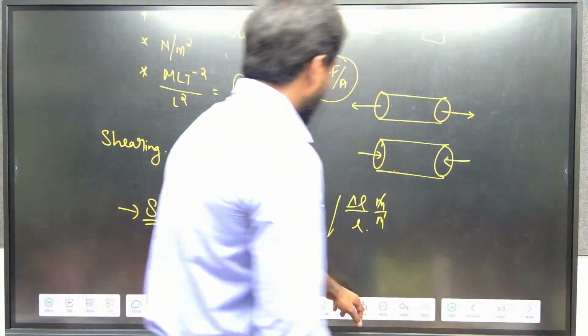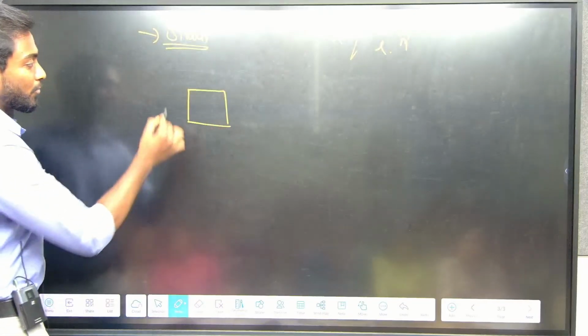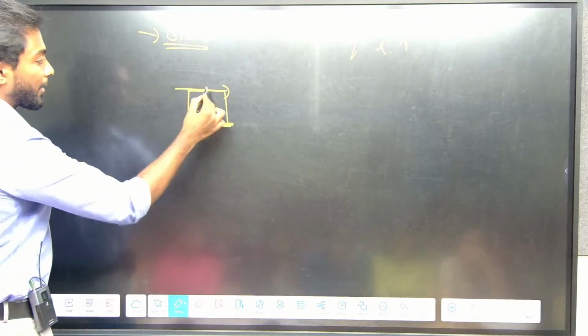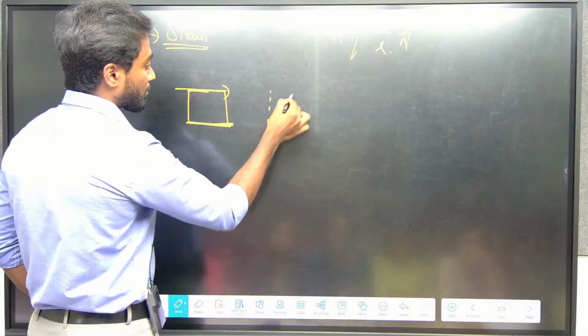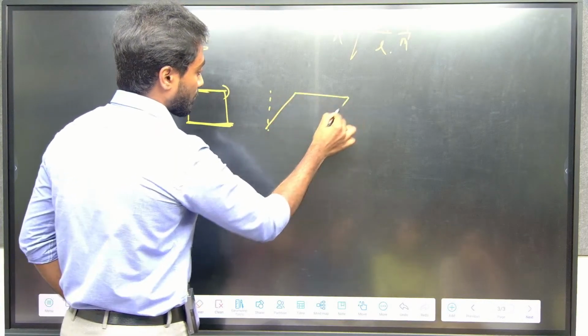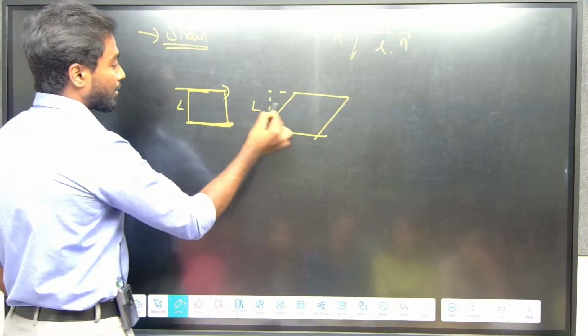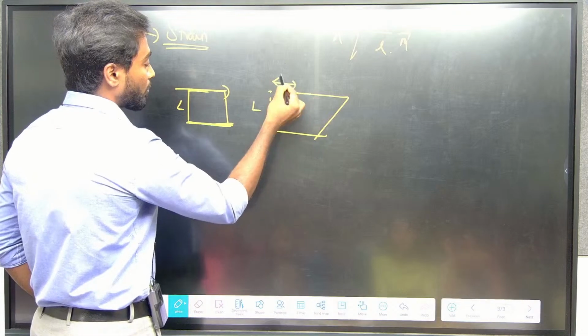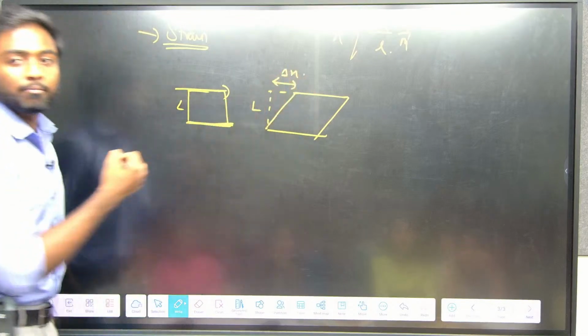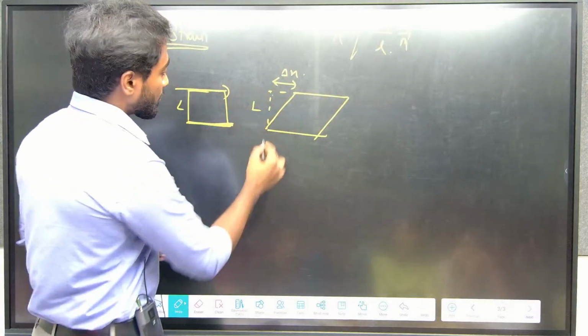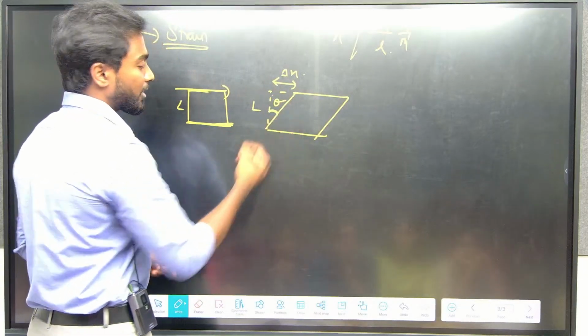In this, what we have said is it is acting parallel. Initially the object will be like this. If I apply a parallel force, this part will stay as it is, only the upper part is moving. So this is my original length L and this is my change in length, delta x. This is the only thing changing. What angle does it make? Angle theta.